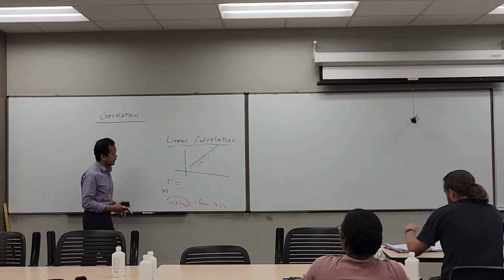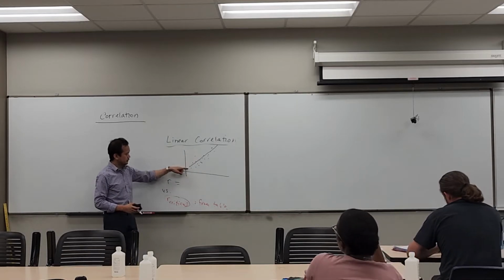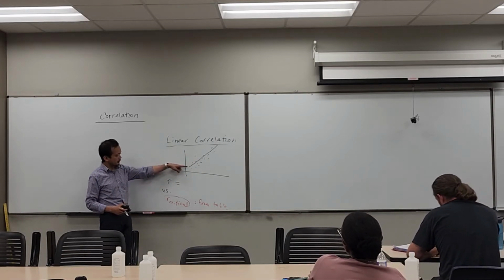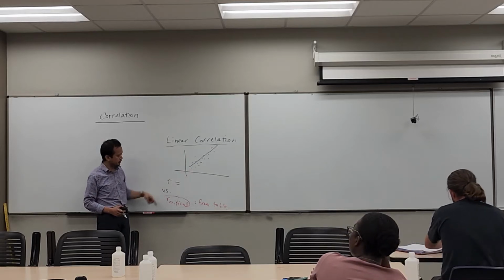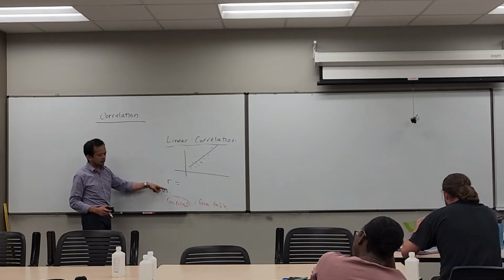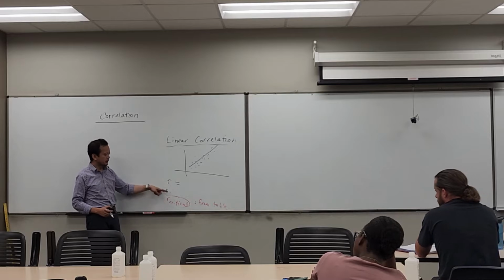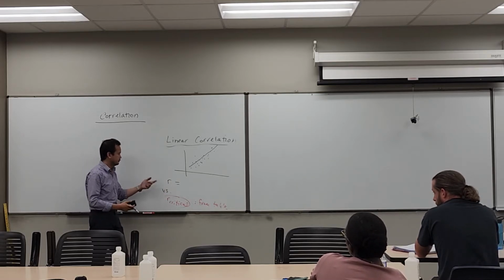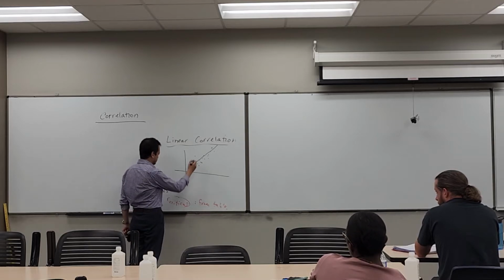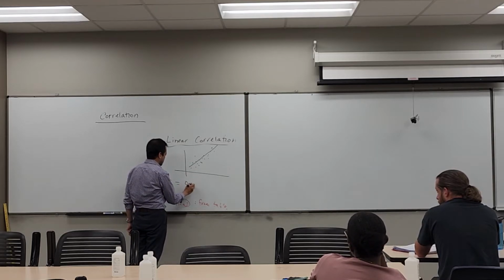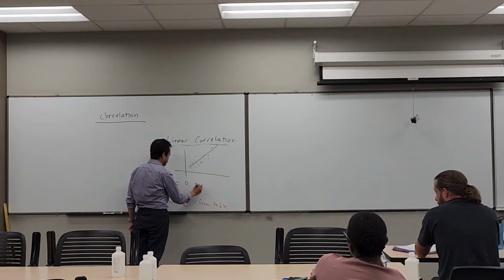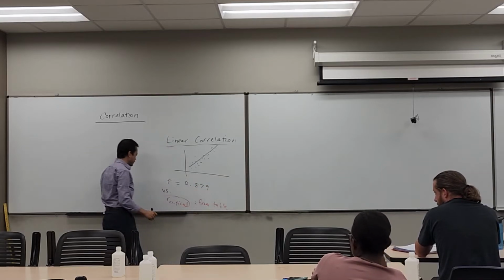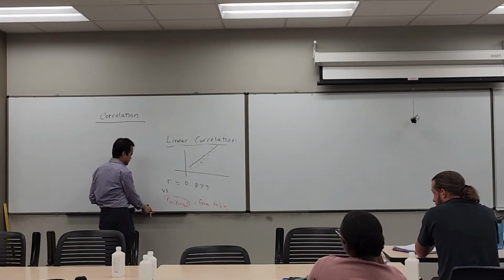Okay, so once you get the R value, to measure how good a line the line of best fit is to these points, we compare it to R critical. Let's start with if it's higher than R critical, for example, if this had been 0.879.